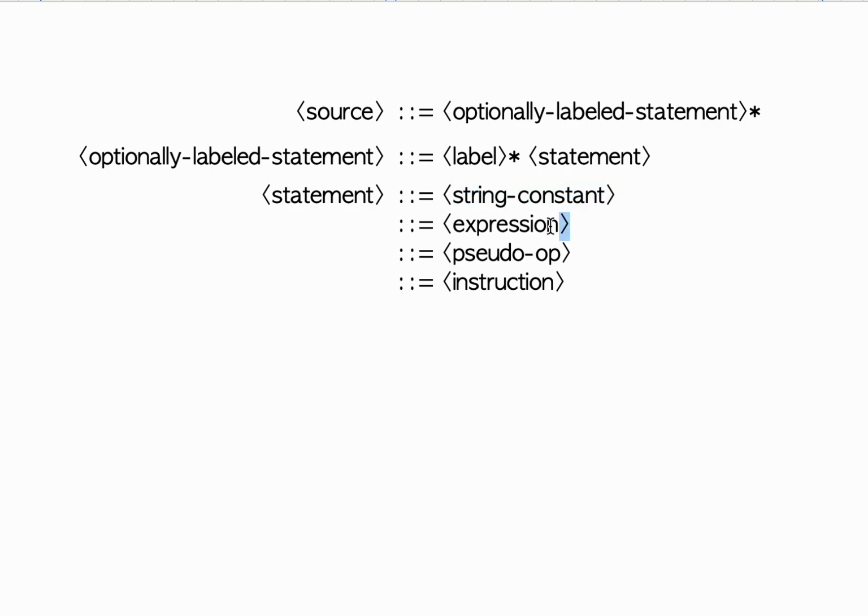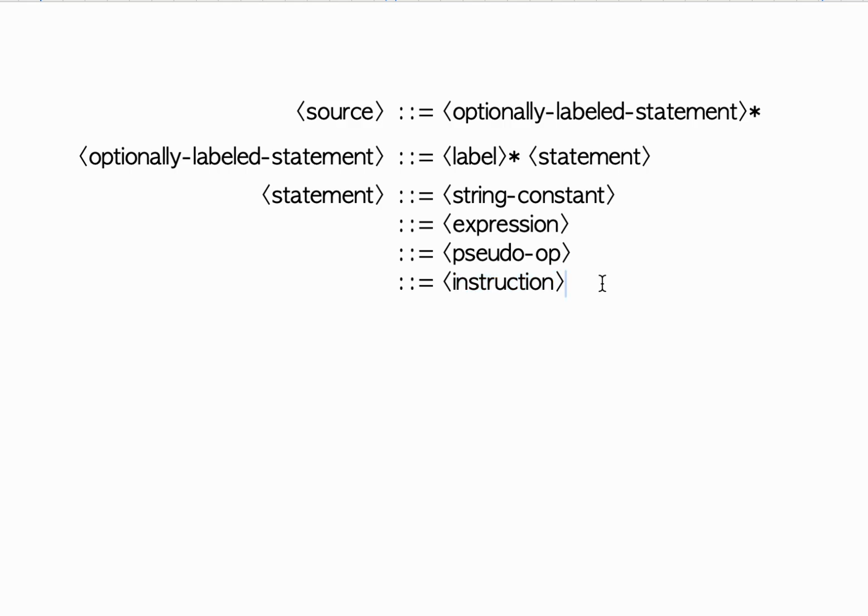It can be an expression, which is an arithmetic or logical expression that produces a numeric value, which could be either 1 byte long or 2 bytes long. Or a statement could be a pseudo operation, for example, .bss or .text, .data, things like that. Or a statement can be a 6502 machine instruction.